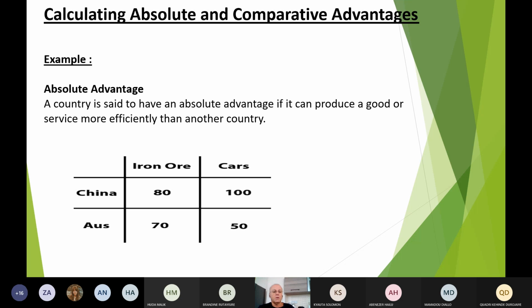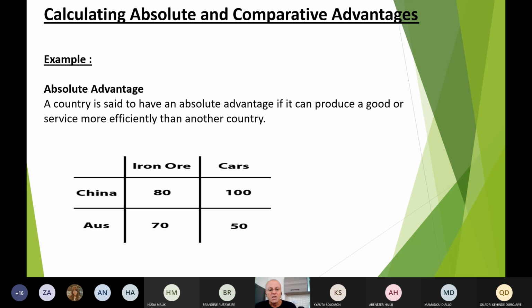We suppose here a country is said to have absolute advantage if it can produce a good or service more efficiently than another country. The absolute advantage, as I have given to you, is the real cost advantage. When you are looking here, you are not going to concentrate on the opportunity cost, but on the real cost advantages, which only indicate the numbers given here.